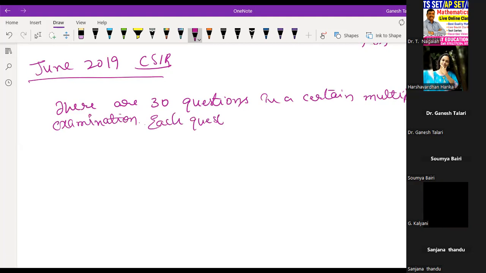Each question has 4 options and exactly one is to be marked by the candidate.